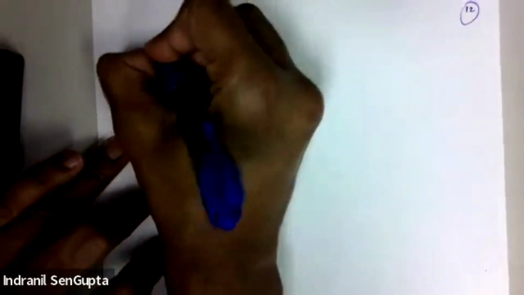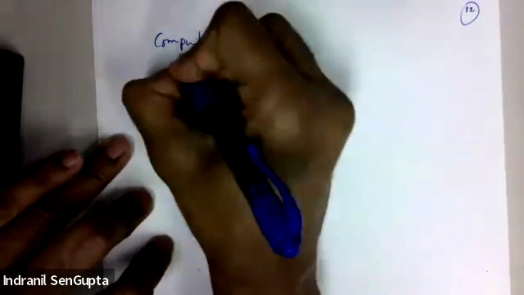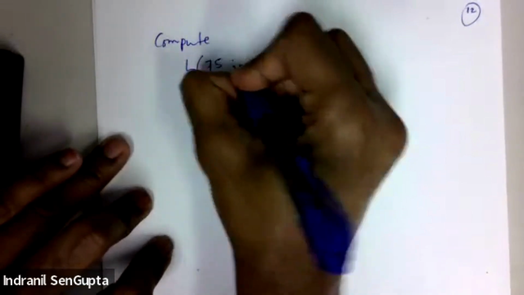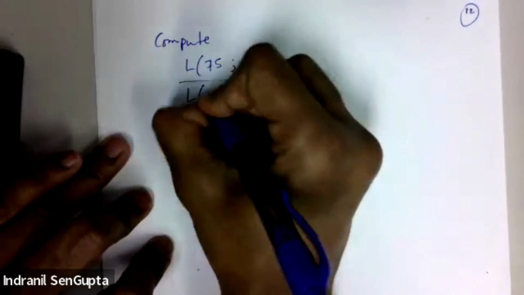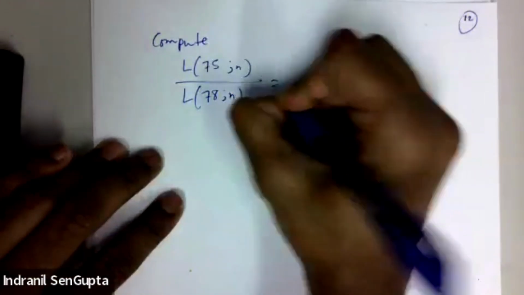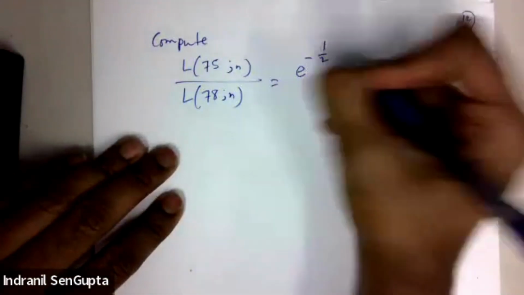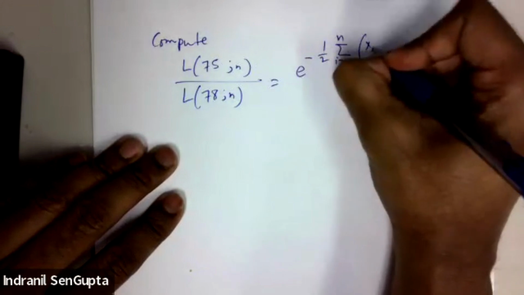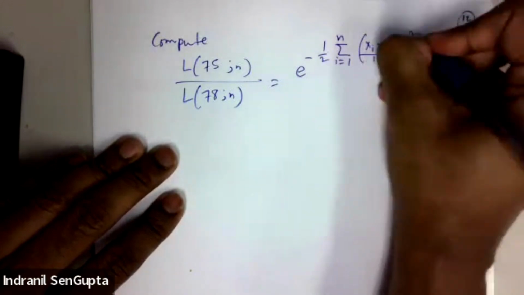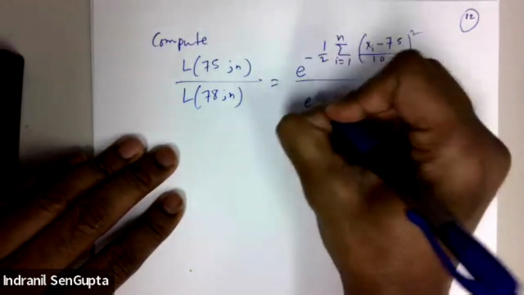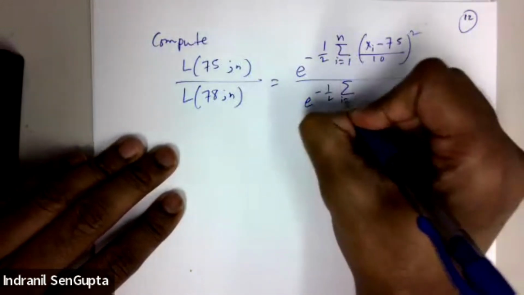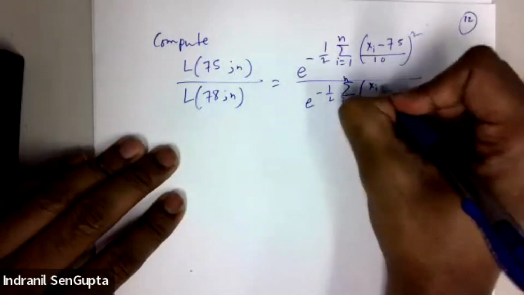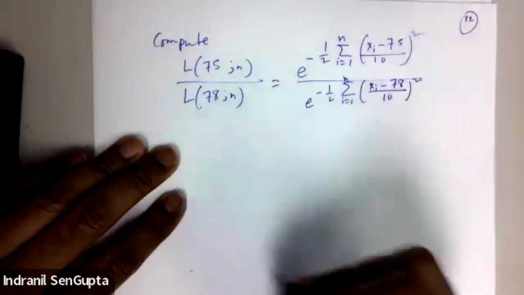Now let's do the hypothesis testing. Okay, so let's compute the likelihood ratio. So compute L of 75n over L of 78n, which for the numerator is e to the minus 1/2 summation i from 1 to n of (xi minus 75) over 10, squared. And for the denominator, it's e to the minus 1/2 summation i from 1 to n of (xi minus 78) over 10, squared. Okay.